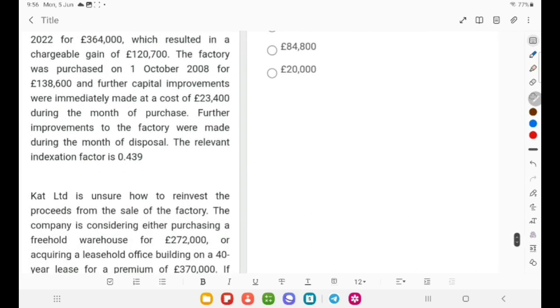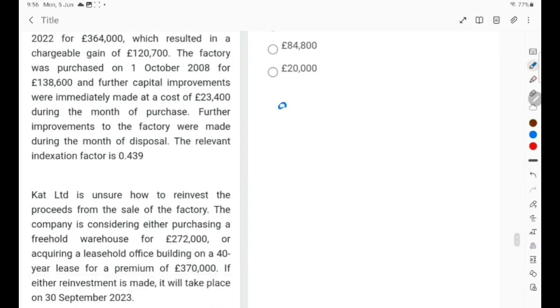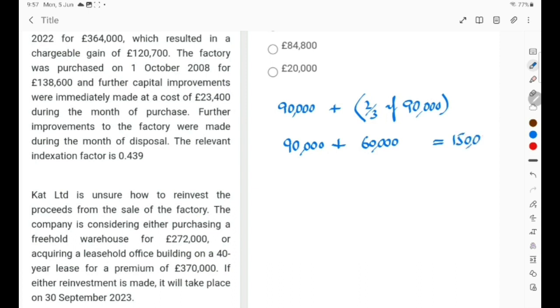First, the number of shares is 90,000. Then after that they have been issued 2/3 of 90,000 shares. So the total number of shares is 90,000 plus 60,000, which is 1,50,000.